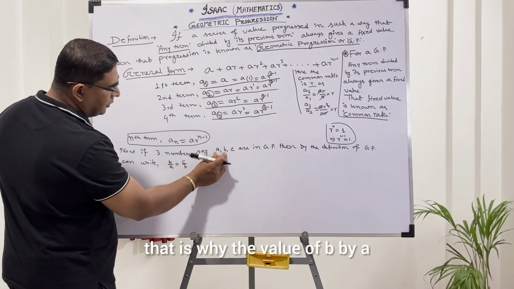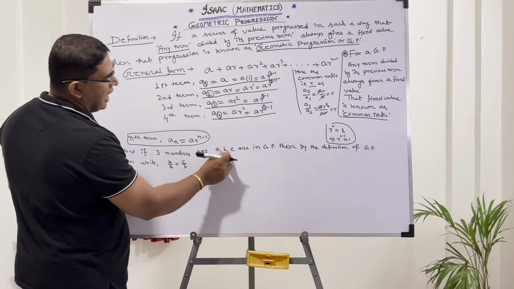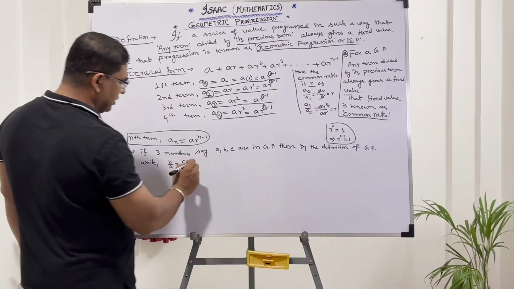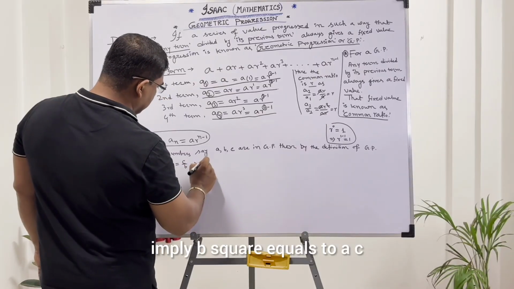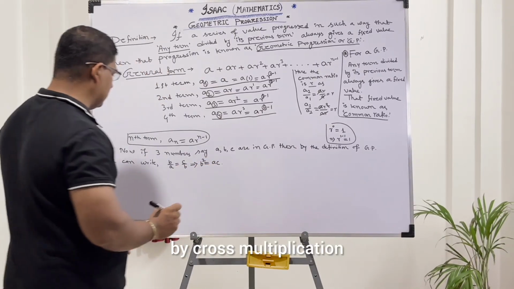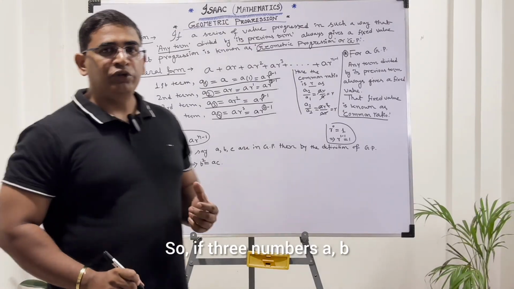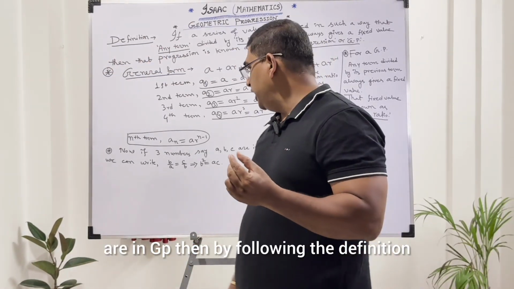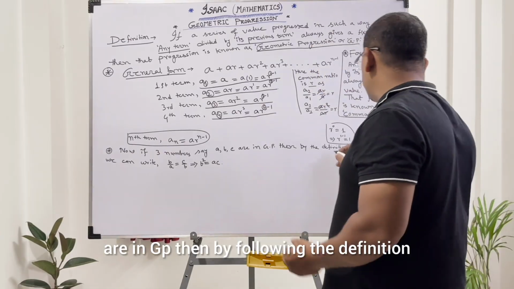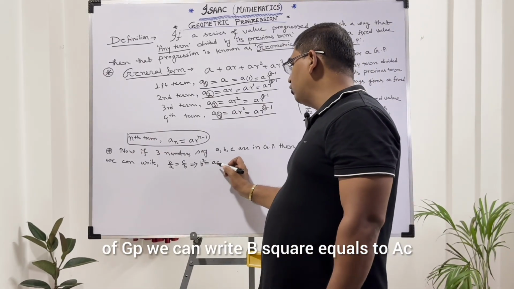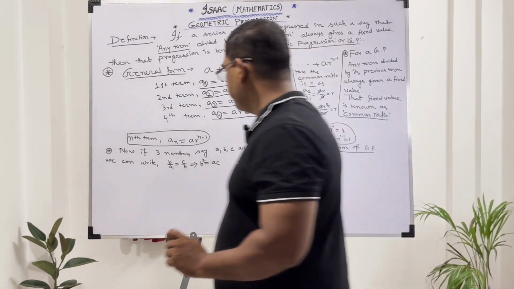That is why the value of B by A and the value of C by B will be equal. So this implies B square equals AC by cross multiplication. So if three numbers A, B, C are in GP, then we can write B square equals AC.